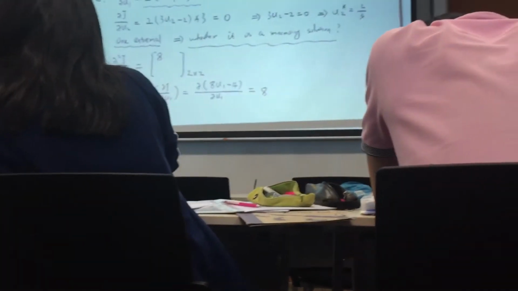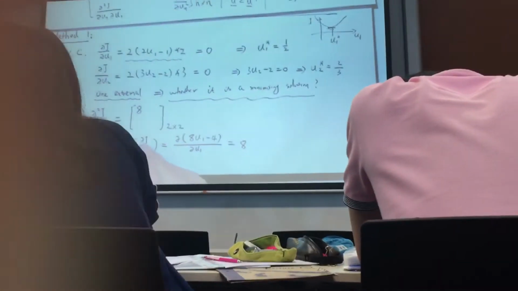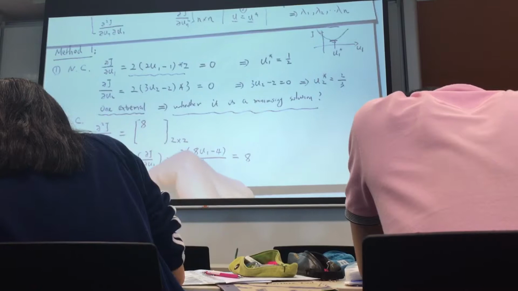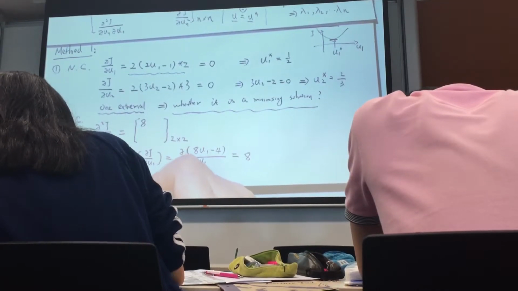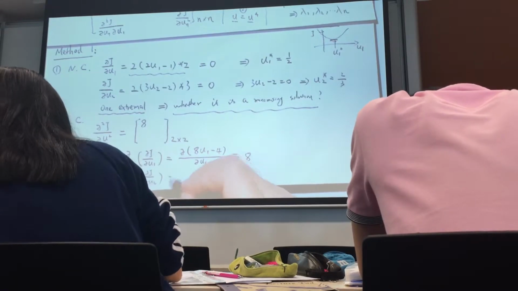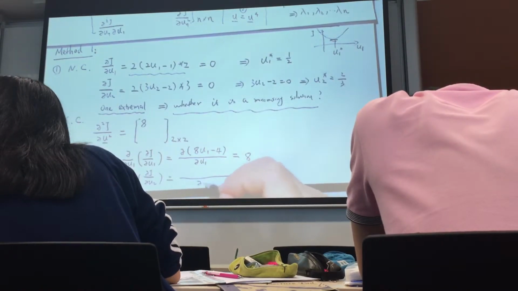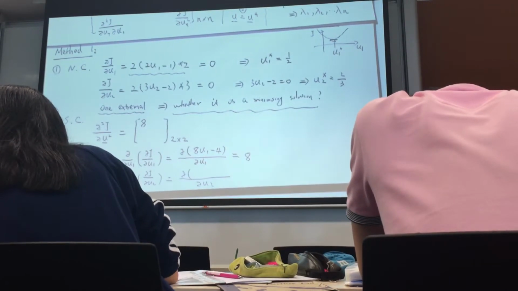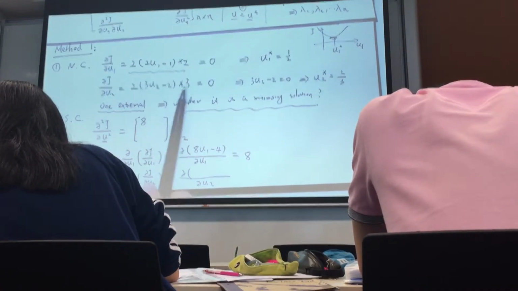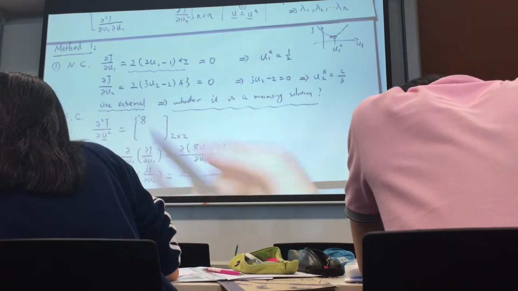So the next component will be d²J du2². This is given by du2 of dJ du2, and dJ du2 is given by this function.